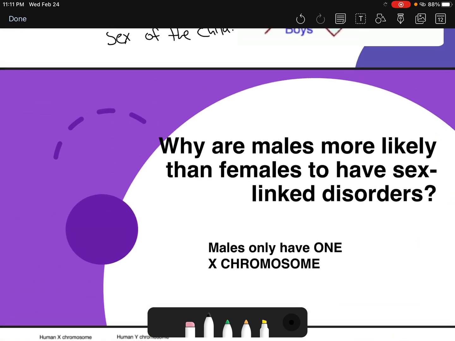Now, the next thing I want to talk about is why males are more likely than females to have sex-linked disorders. Well, simple answer: the same way that we get to choose the sex, we only have one X chromosome. That is very important to sex-linked disorders.